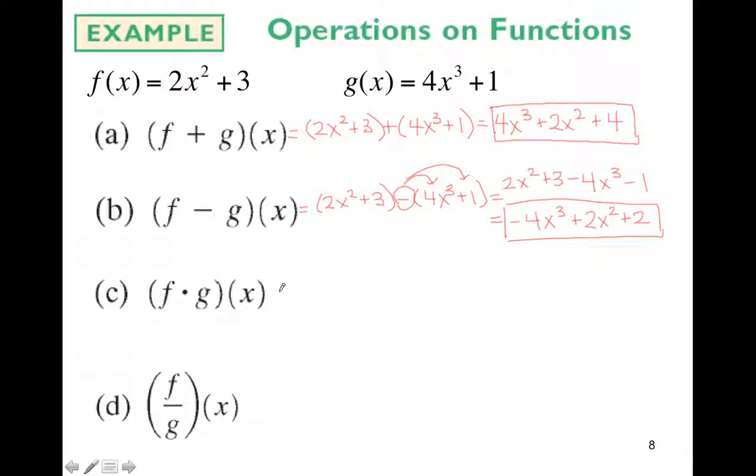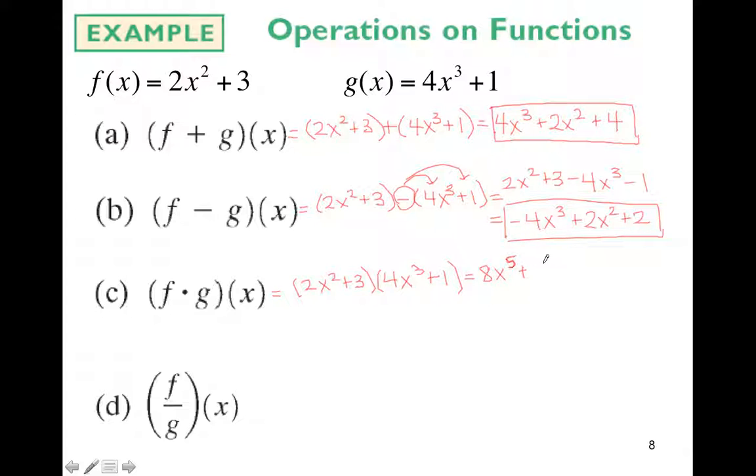Okay, the next one, f times g of x. So that says just multiply the two functions. Here's f of x times g of x. Okay, for this I do need to FOIL or box or whatever you do to multiply out binomials. So 2x squared times 4x to the third, that will be 8x to the fifth. Okay, so remember the rule of that when you multiply like bases, you are adding exponents.